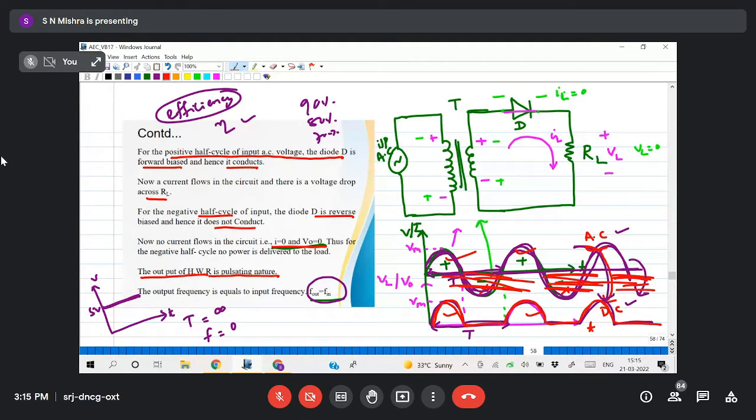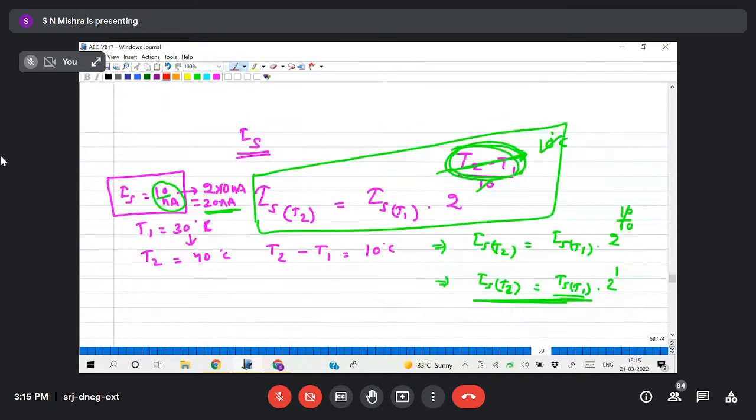So if you relate that to a circuit point of view, how can we relate? When we take any DC, how do we represent it? This is my pure DC. Suppose voltage 5 volt, and this is time. So it is constant, 5 volt DC.